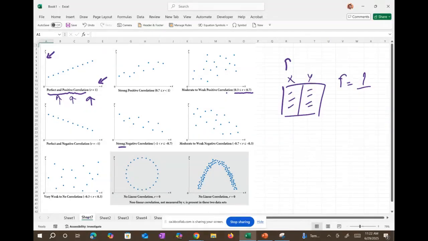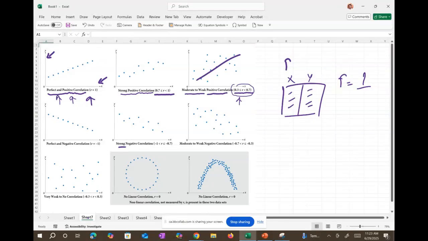Now, if the R value comes out to be between 0.7 and 1, that means there is a strong positive correlation between X and Y values. If the R value is between 0.3 and 0.7, then it means there is a moderate to weak positive correlation between the x and y values.